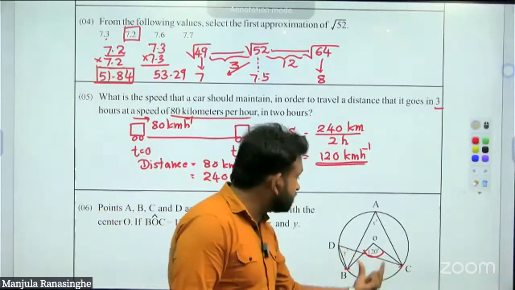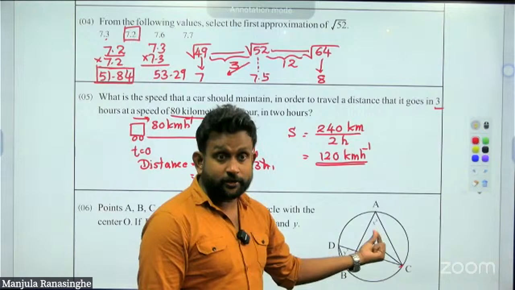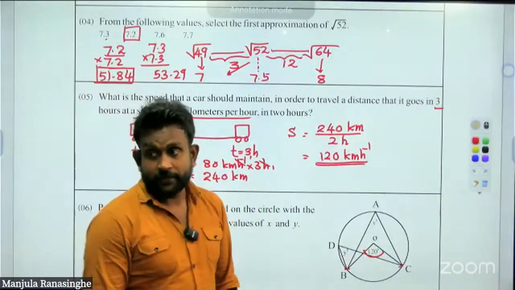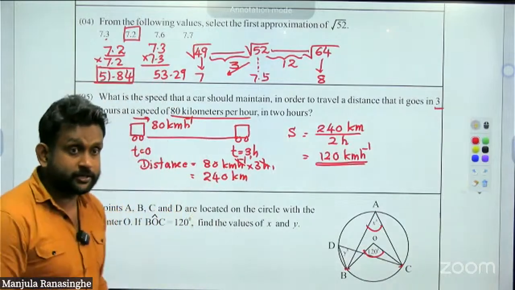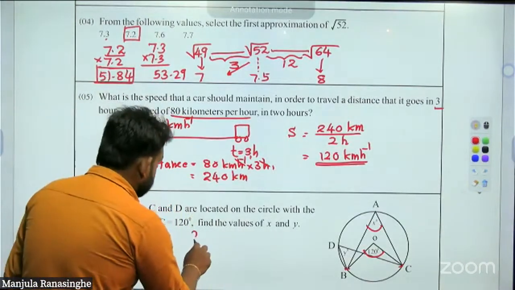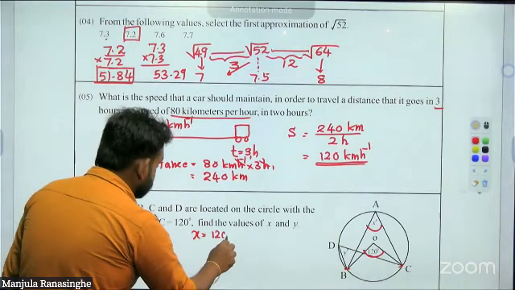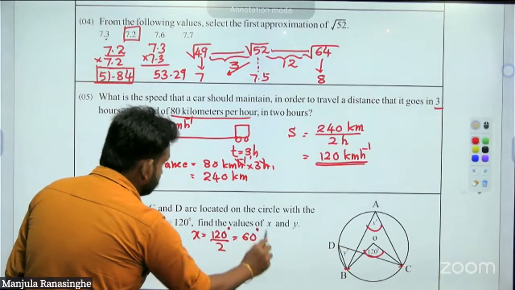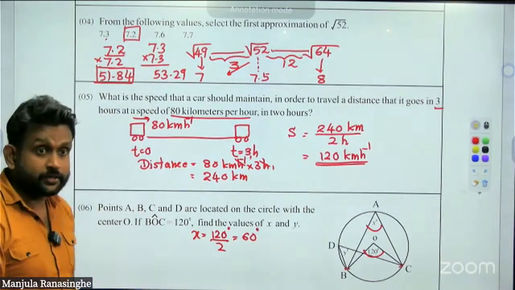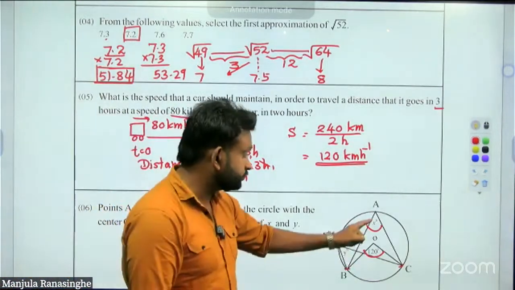From these two ends, the angle obtained on the circumference is x degrees. So x is half of 120 degrees. You can write x equals half of 120 degrees. 120 divided by 2 gives you 60 degrees. X equals 60 degrees, half of 120.